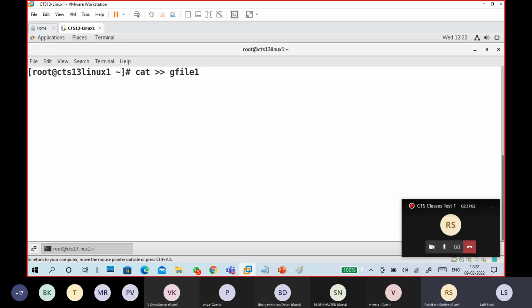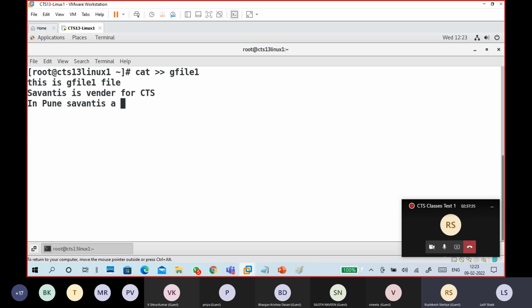So look here. This is the gfile1 file. Savantis is a vendor for CTS in Pune.